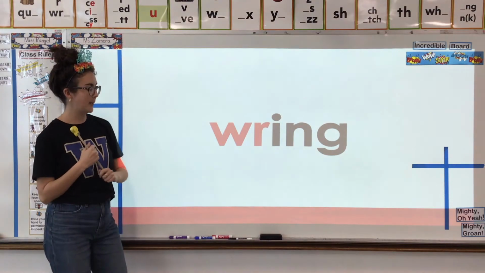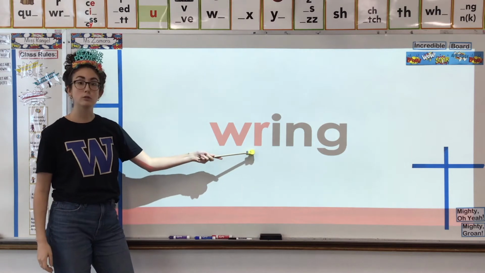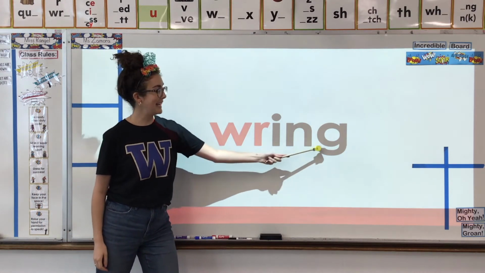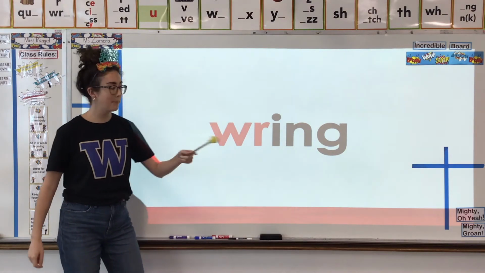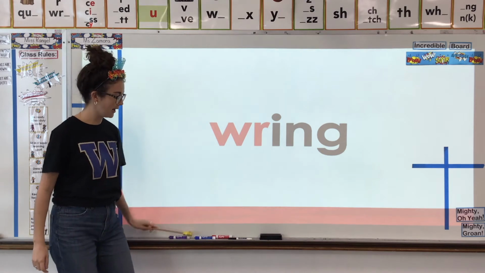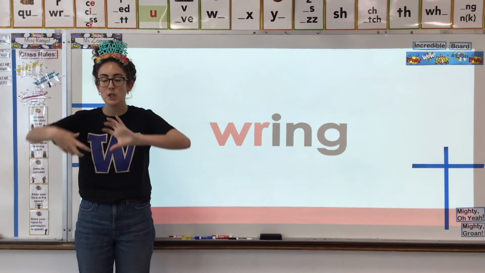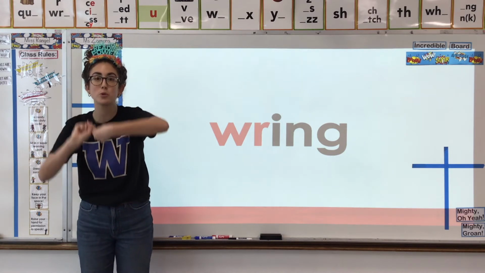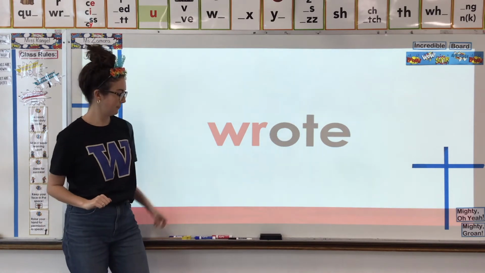Awesome. What is this word? Ring. But do you remember? With WR, to wring. It's an action to wring out a cloth to get all the water out, to wring something out. Awesome.